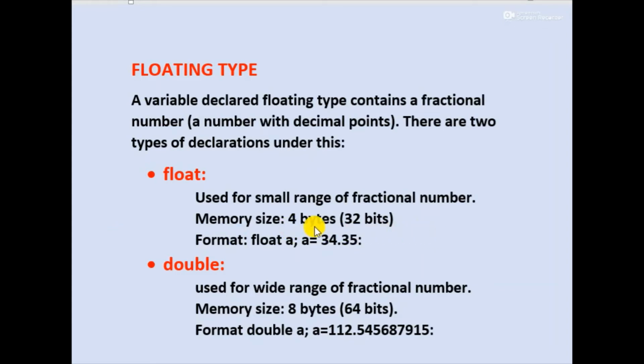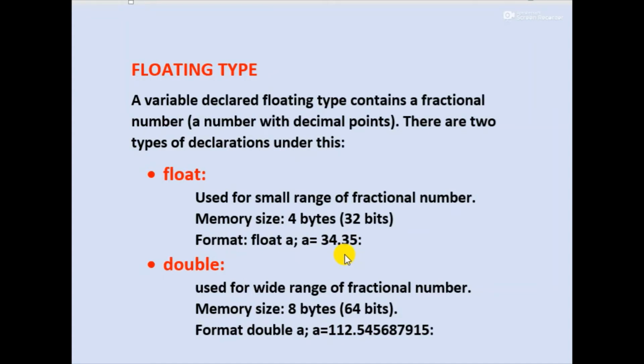And the format, how can we use this float data type with a variable? For that we have to write float, then variable name. Now this variable a is of float data type, and here we can observe a equal to 34.35. So this 34.35 is a fractional number, a float number.